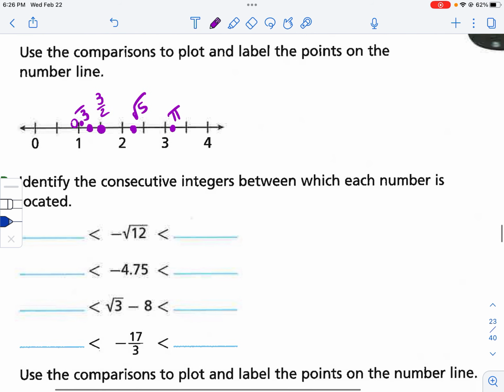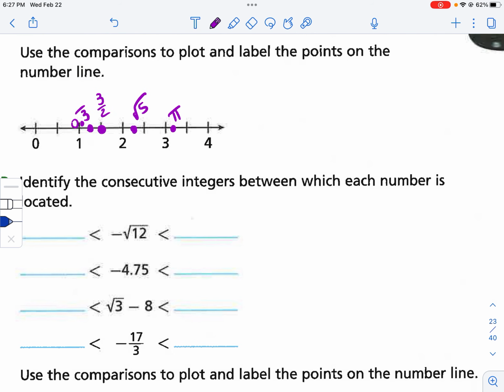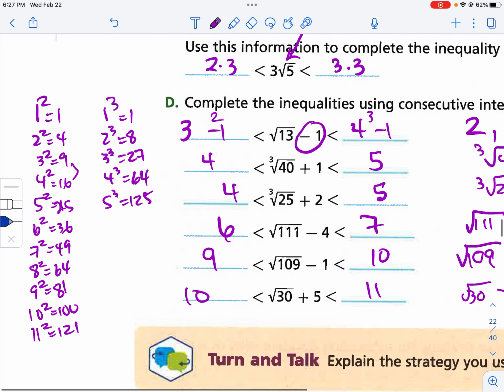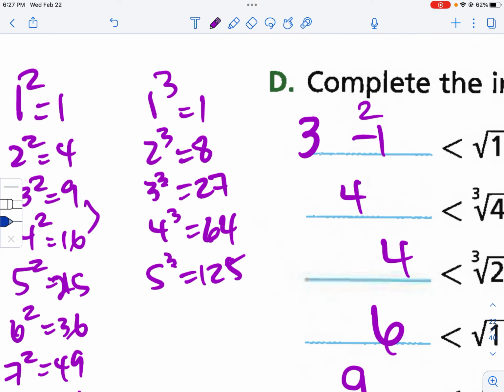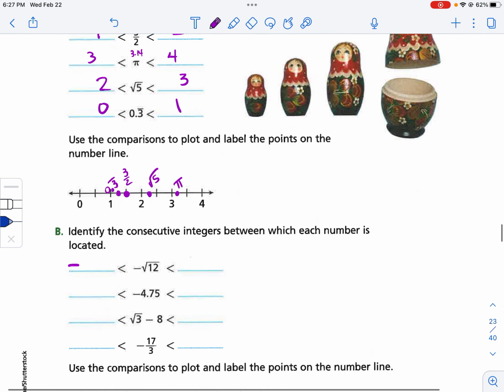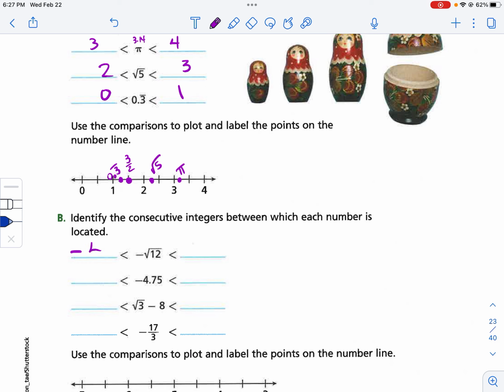Okay. Identify consecutive integers between which number is located. So, 12. 12 is between 3 and 4. Remember, smaller number goes on the left, bigger number goes on the right. It's negative numbers. So, negative 4.75.